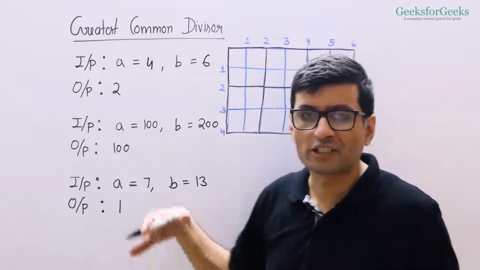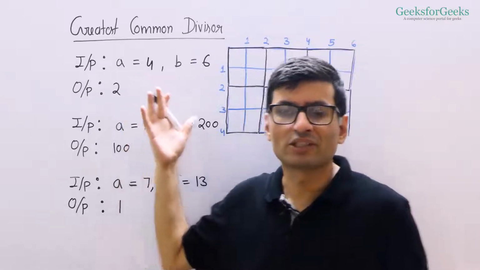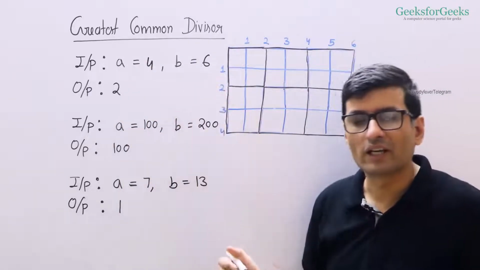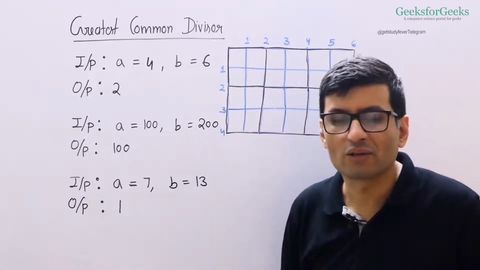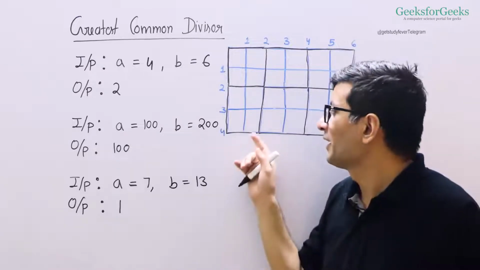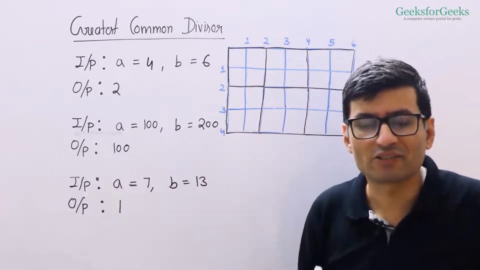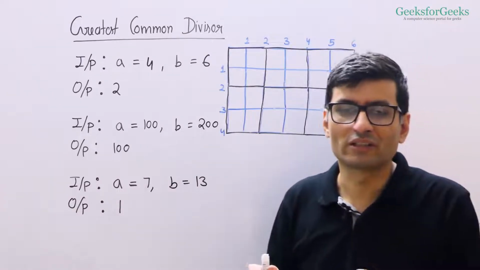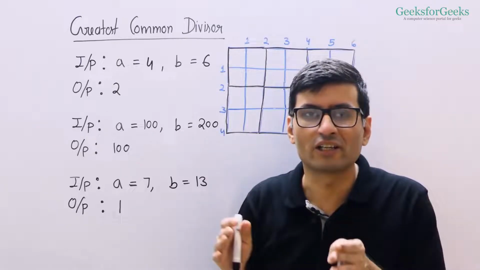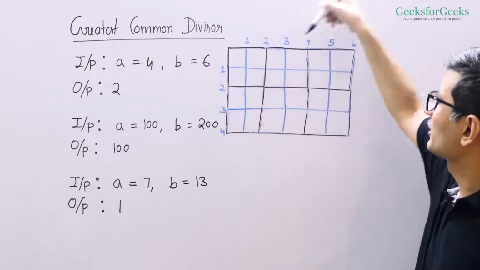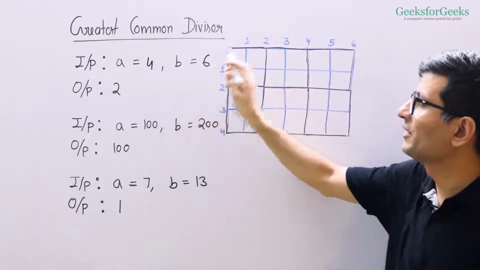There is one interesting relation of this GCD with the tiling problem. If you have two numbers a cross b, and you make a rectangle of size a cross b, then your GCD problem is finding the side of the largest square using which you can tile the whole rectangle. So you have in this example a 4 cross 6 rectangle. Your a is 4 and b is 6.